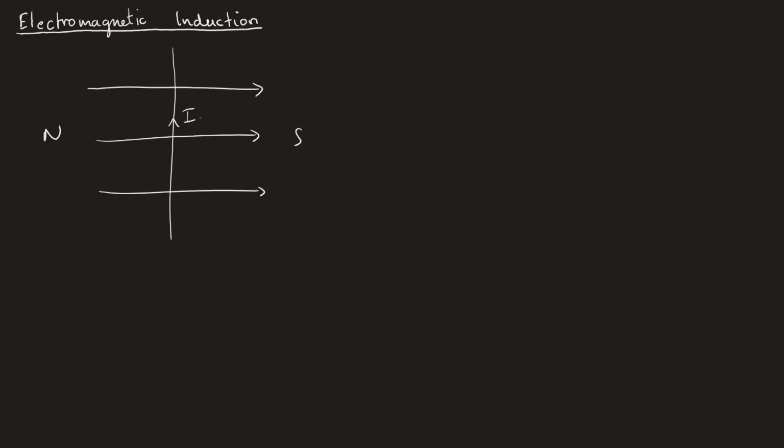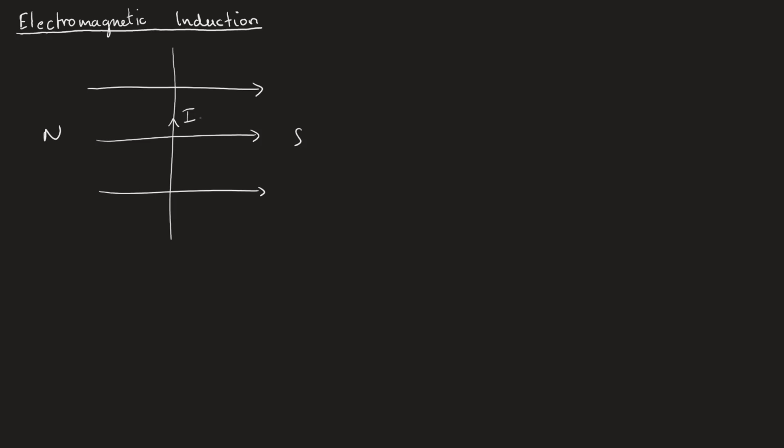Let's draw it like this. So let's say this is my uniform magnetic field and it's traveling from north on this side to south on this side, and I also had a wire in here, and let's say the current in this wire is traveling this way.